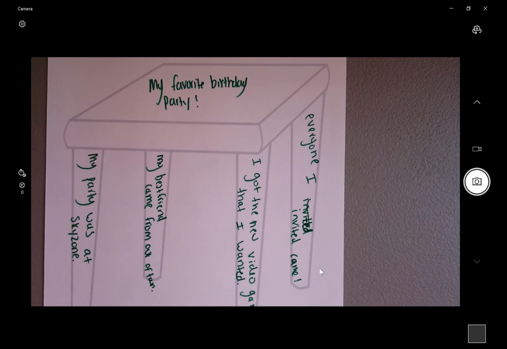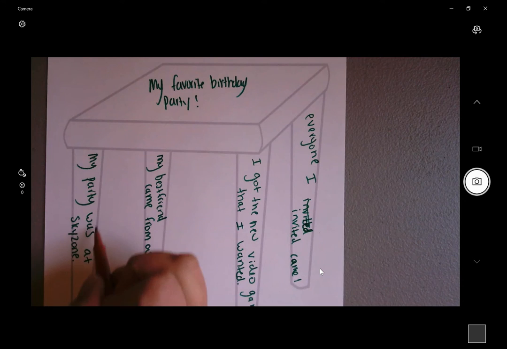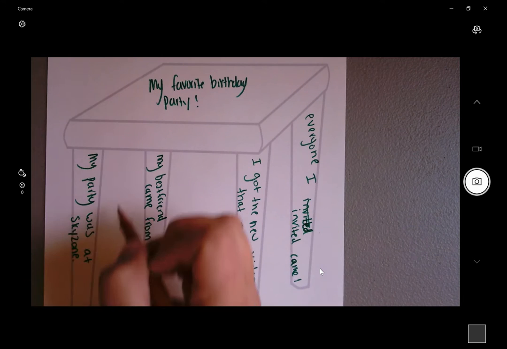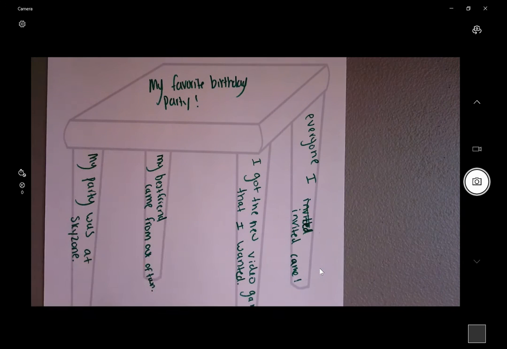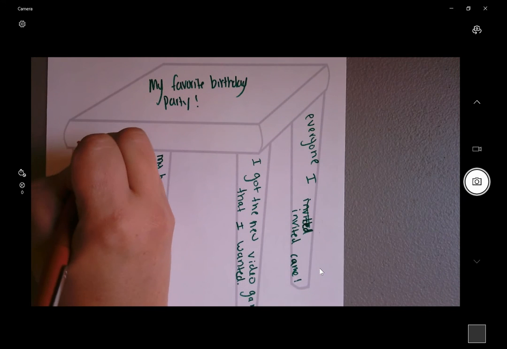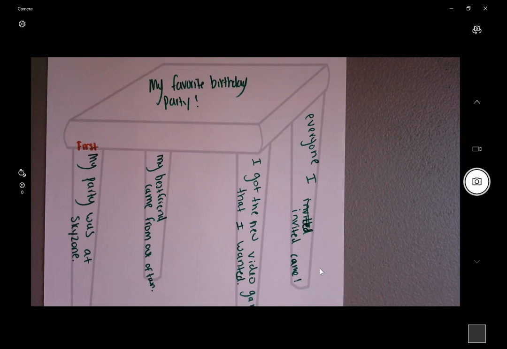Okay, now what we also can do with this table is use these transition words that we have been talking about. So for each leg, you would use a new transition word. If this is the first reason why it was the best birthday party ever, we would say that this happened first, right?